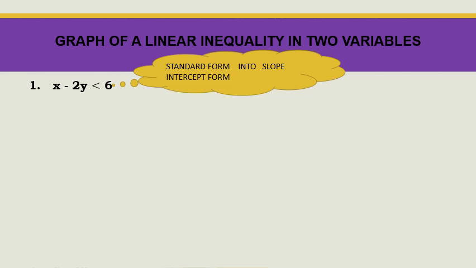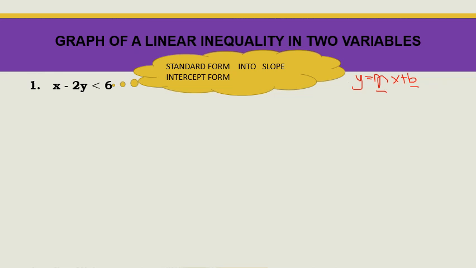This is the slope-intercept form: y equals mx plus b. So we need to get the m, or the slope, and b, the y-intercept, to graph the linear inequalities in two variables. So let's have another one.